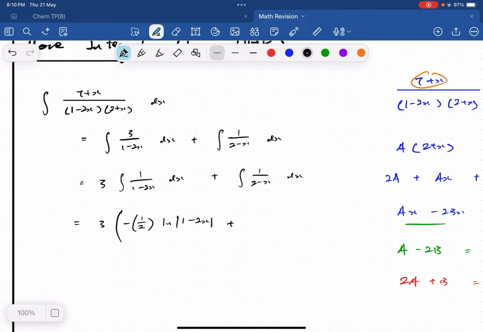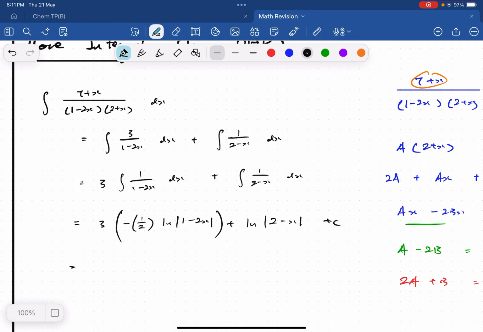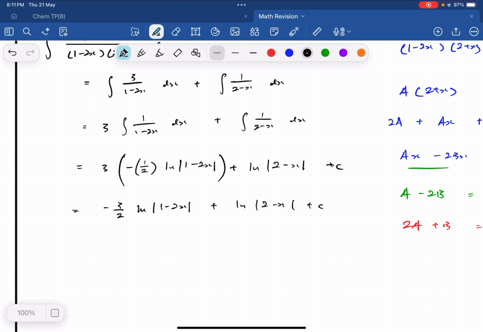And then this one is simply ln mod 2 minus x. Now there are no more integrals, so don't forget your plus c. I'm just going to simplify the coefficients here. So that will be minus 3 over 2 ln mod 1 minus 2x plus ln mod 2 minus x plus c. So that's it for our first integral of this video.